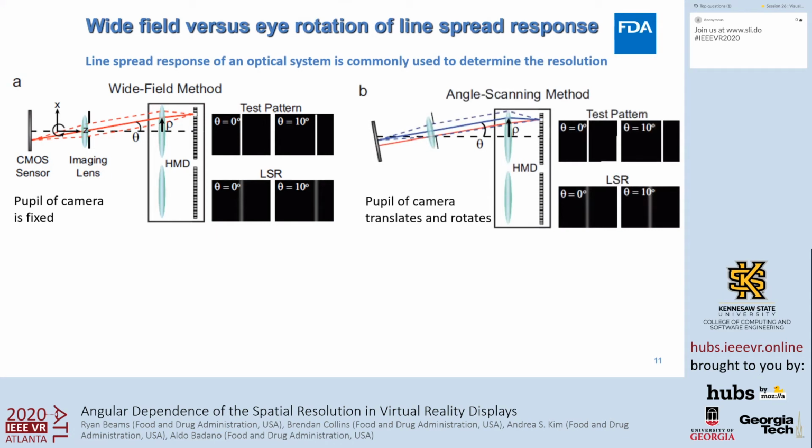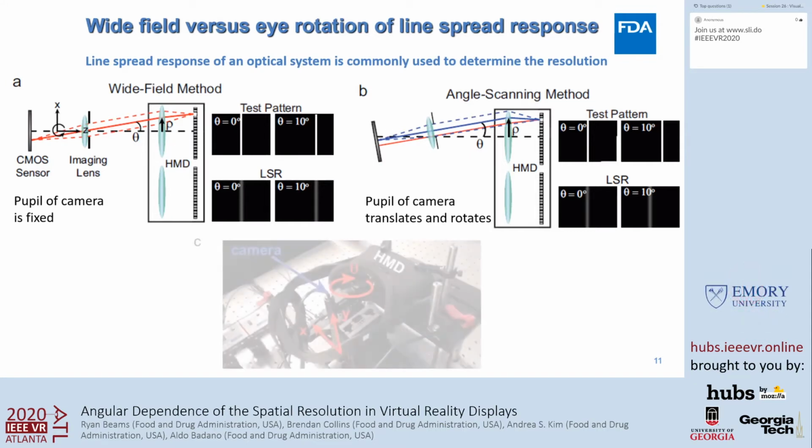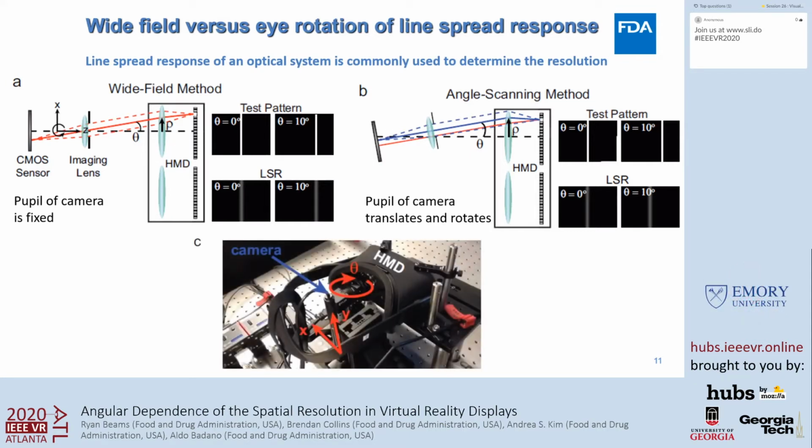In the angle scanning method, however, we're rotating the pupil of the camera, and so the bundle of rays that we're collecting and mapping onto that CMOS sensor is different, and that's going to impact the final measurement and final image that we get out of the system. The way this looks in the lab is we have our head-mounted display with a camera on an XYZ theta stage. It's fairly straightforward.